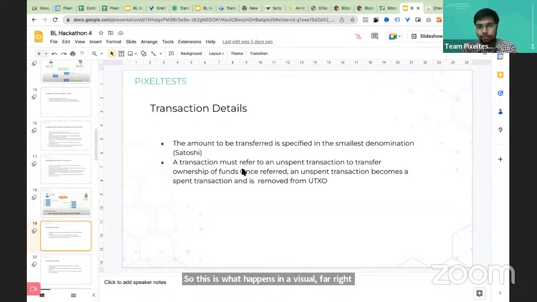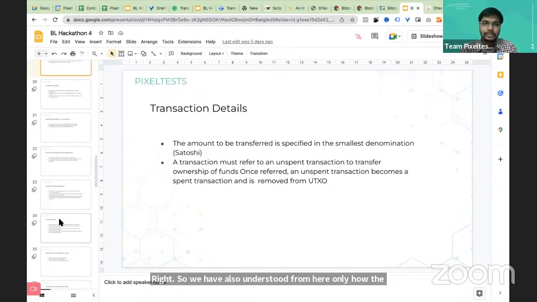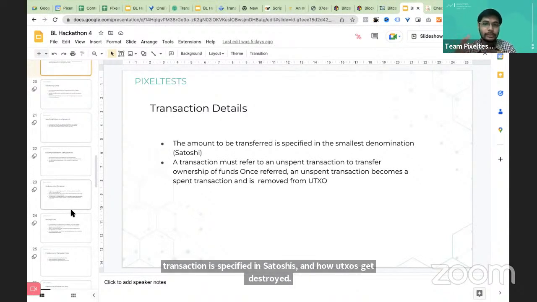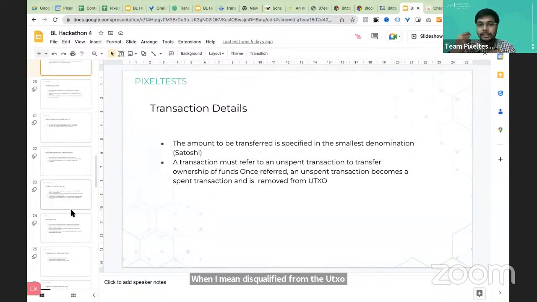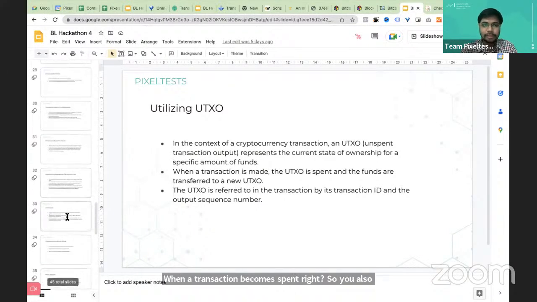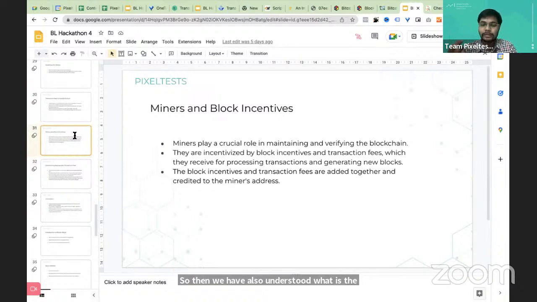So we have also understood how the transaction is specified in Satoshis, and how UTXOs get destroyed, disqualified from the UTXO database when a transaction becomes spent. So you also understood all of these examples. Then we have also understood the mindset of a miner and how he gets block incentives.